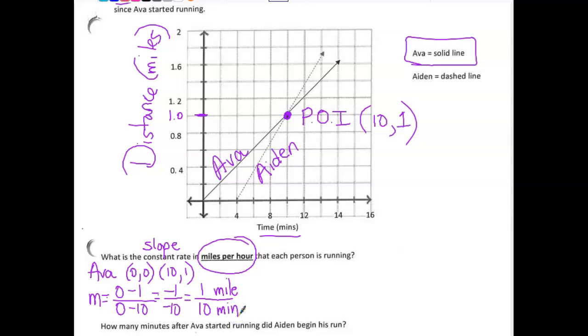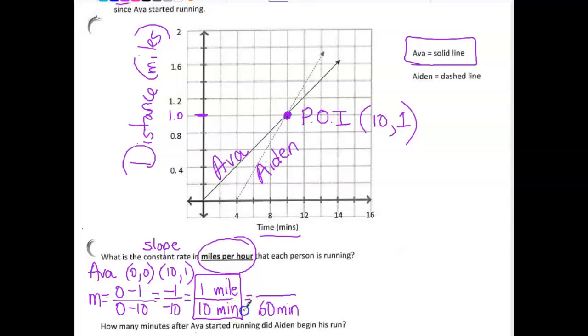However, it asks for the constant rate in miles per hour. So I have to take this 1 mile every 10 minutes and convert it to hours. We need to know how many minutes are in an hour. Hopefully you all know that there are 60 minutes in an hour. So I'm going to put 60 in the denominator. I want to create a ratio that is equal: 10 in the denominator, minutes.